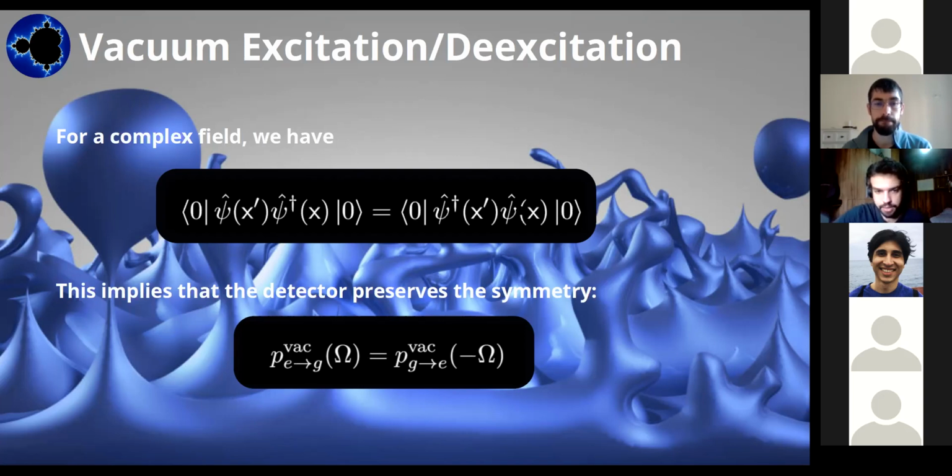This means that this detector model will preserve the vacuum omega to minus omega symmetry. Only the vacuum one, but not the other ones in general. This is an interesting feature of the fermionic field that is not grasped by this complex scalar model, right?